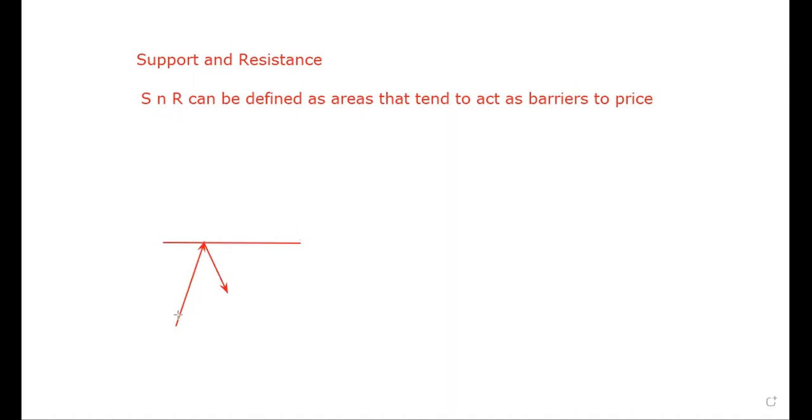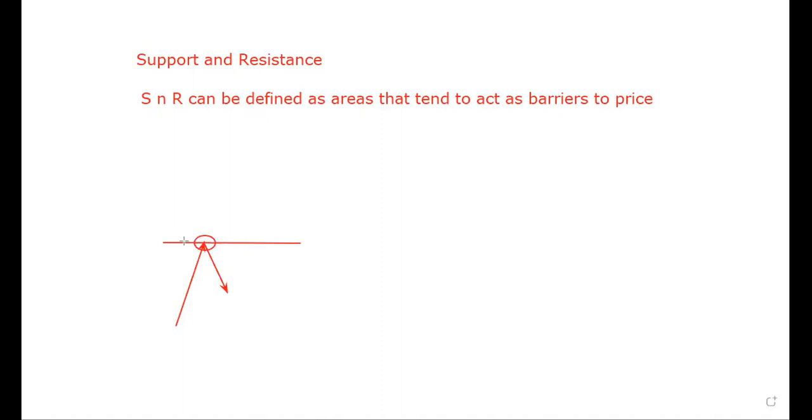Price has been going up. All of a sudden, when price got to this point, it started to come down. Now, the question is, what stops price from going further up? Why is price not going up? What this means is that there is a barrier at this point that is stopping price from going up.